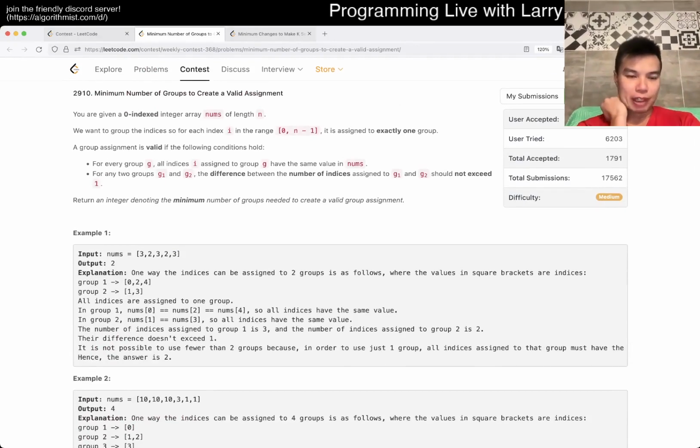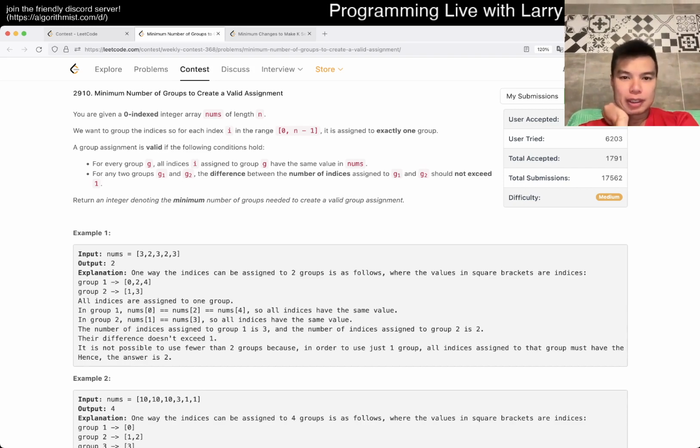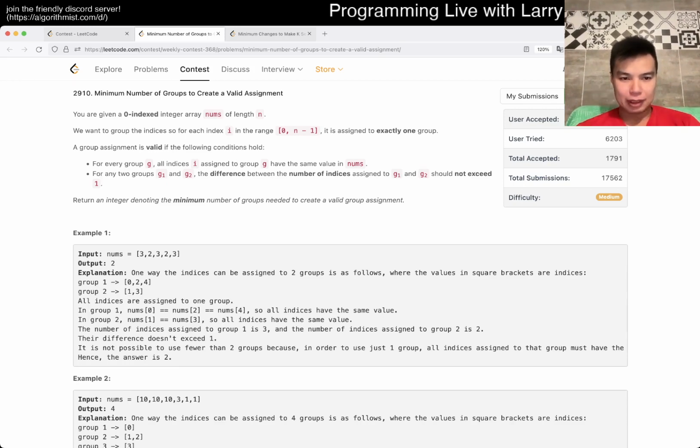Minimum number of groups to create a valid assignment. So each index is in one group, and for each group G, the number of indexes, what does that even mean?